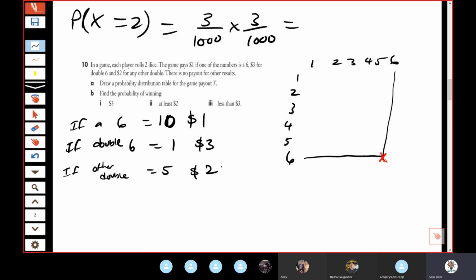There are no payouts for any other results. How many combinations are there altogether? 6 times 6, there's 36 combinations. So that's 10, 11, 16, so 20 other combinations, and you get no payout, so $0.